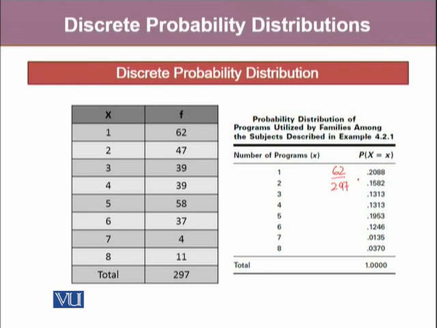This probability distribution can also be known as the relative frequency distribution. All the probabilities at individual number of programs, or individual x values, can be obtained by taking their respective frequencies and dividing by the total of the frequency. Hence, this is the probability distribution.